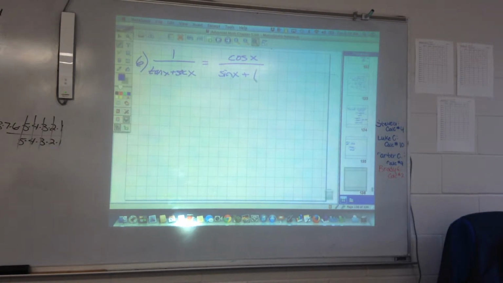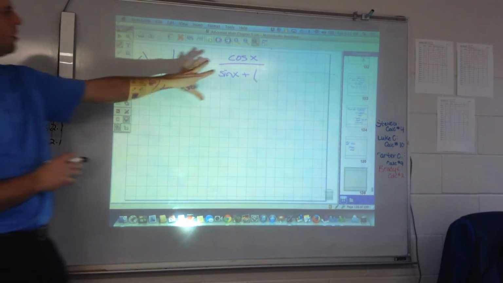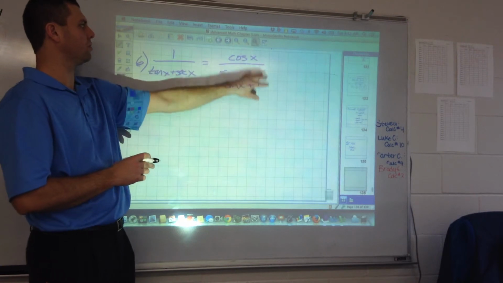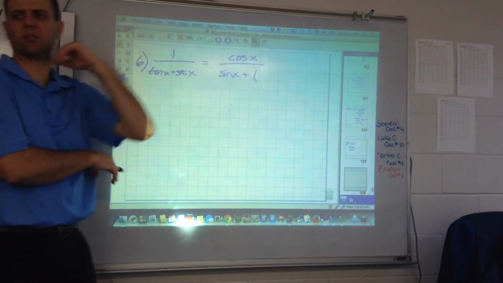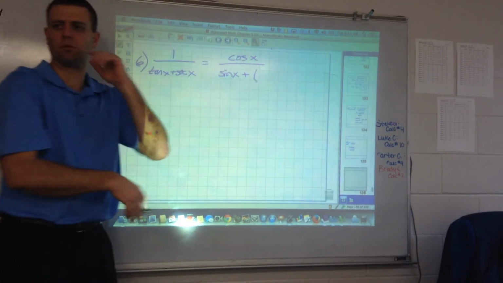I choose left. Work with the left side, same thing. Change secant and tangent to sines and cosines. Oh, I thought you just divide the right side by cosine. Can you just take it all divided by cosine? Well, if you're working with this side, you can do stuff to the top and the bottom of the fraction, but we're not going to divide both sides of the equal sign by cosine.